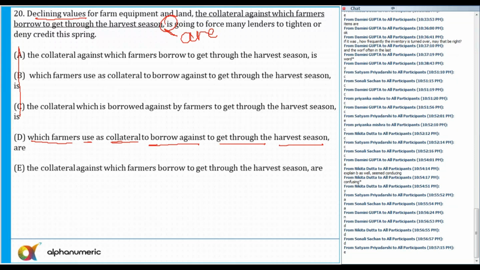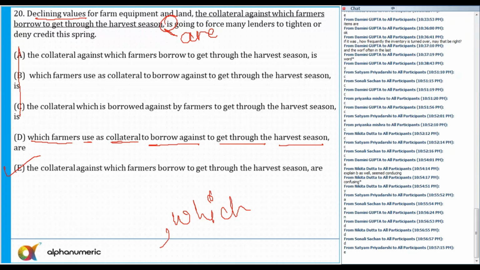No, something is wrong here. It is the land which farmers use as collateral. Now, I've told you that when we use the word "which," no, I don't think D is right. E is the answer.